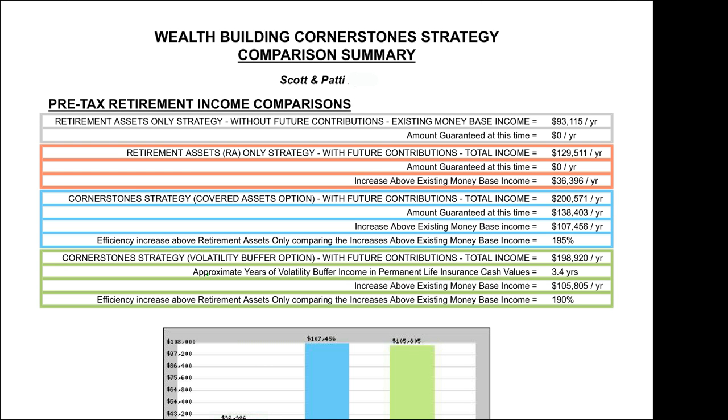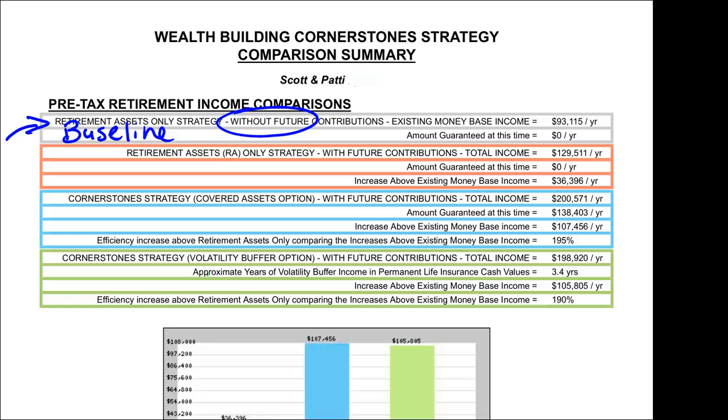The gray section here at the top, this is our baseline. The baseline is that if we take your business assets and your retirement assets, 401k, your other savings, and you never save any more money without any future contributions, and we grow that money up for the next several years, let's say 10 years, and we get into a retirement situation and we start taking distributions from it.